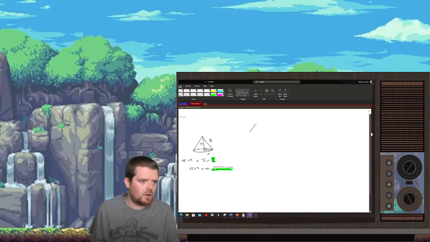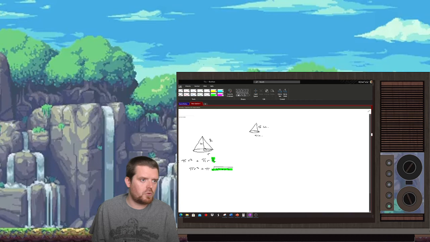Let's say I give you a cone, and let's say the radius is 4 inches and the slant height is 5 inches. Okay, which would mean the height here is 3. That's okay.